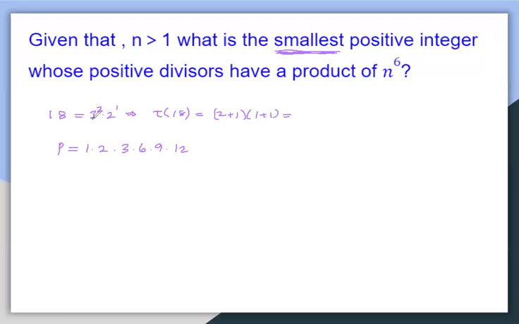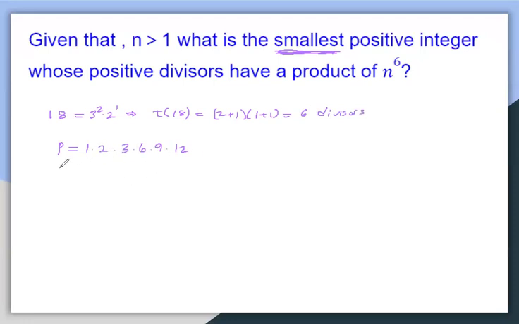Any prime number could have a 0th power, 1st power, or 2nd power in this case, and the 2 could have 2 to the 0 or 1. So you have 2 different powers of 2 and 3 different powers of 3. That's why there are 6 divisors: 1, 2, 3, 4, 5, 6.